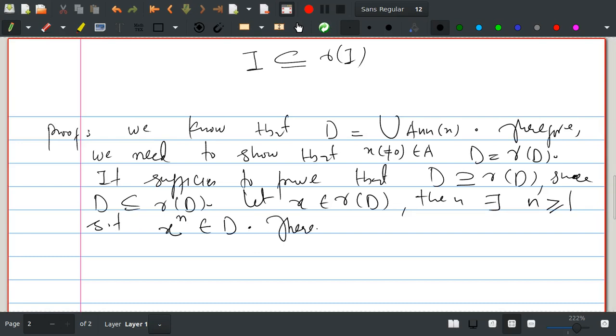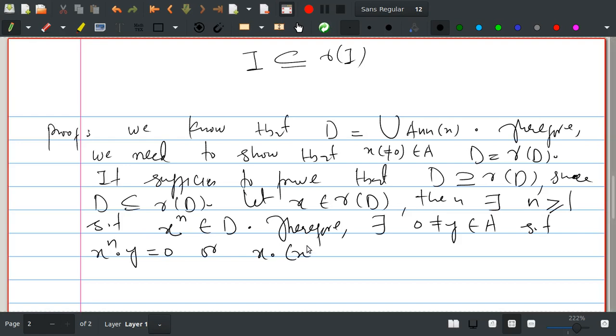That means there exists some non-zero y in A such that x to the power n times y is 0, or this element x to the power n minus 1 times y is 0. This proves this x is a zero divisor.